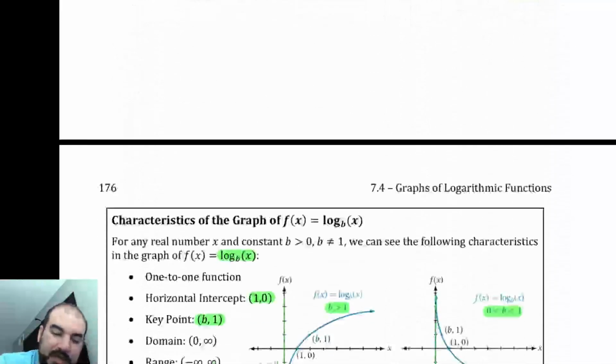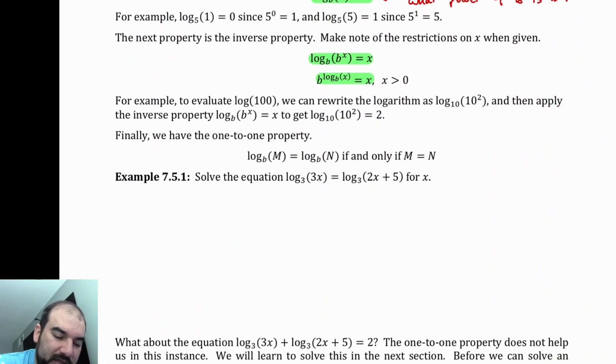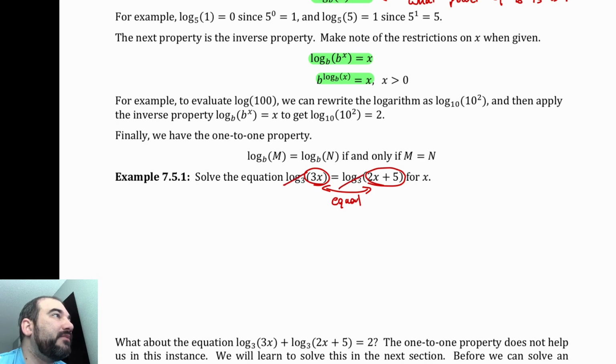In a similar fashion, if I have the same exact log on both sides, then we can get rid of them, because if log base 3 of 3x is going to equal log base 3 of 2x plus 5, then those two things, the 3x and the 2x plus 5, must be equal. So we can get rid of these logs because they're the same.